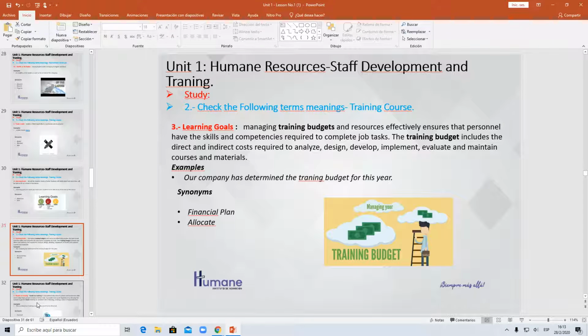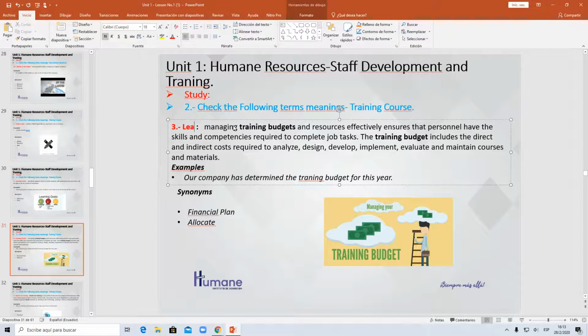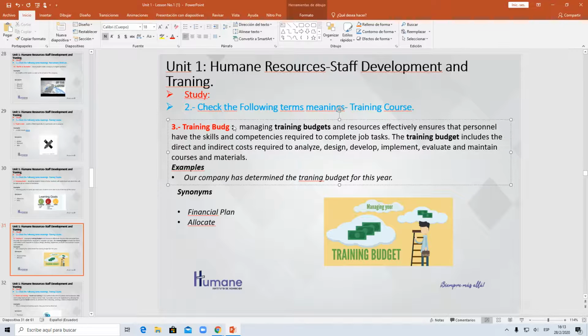Then we have training budget. Managing training budget resources effectively ensures the personnel have the skills and competencies required to complete their tasks. The training budget includes the direct and indirect costs required to analyze, design, develop, implement, evaluate, and maintain a course and materials.